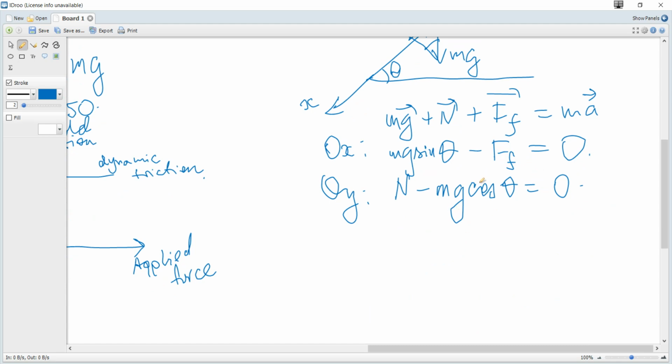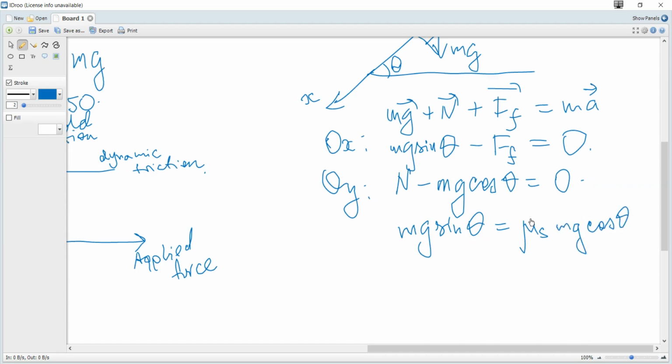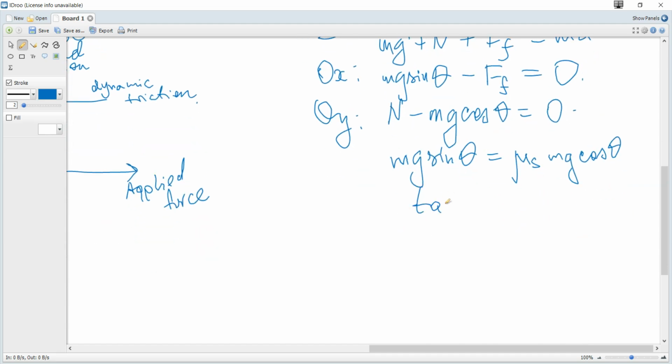And hence, we can see that mg sine theta is equal to f frictional, and it's a static situation, so mu static, and n is mg cosine theta. Divide both sides by cosine, and we get that tangent theta is equal to mu static.